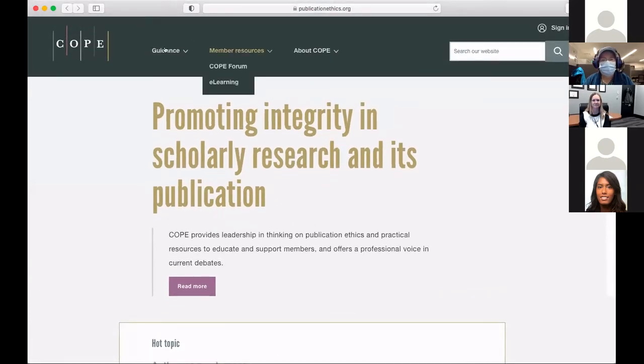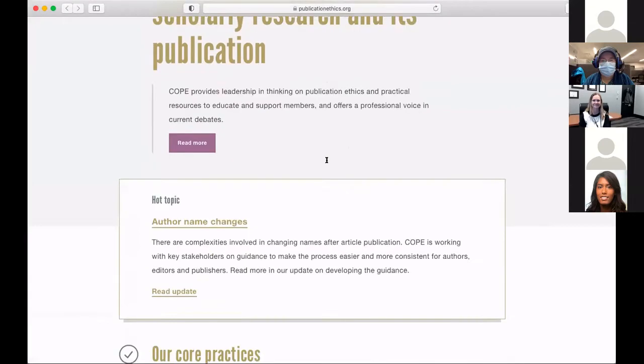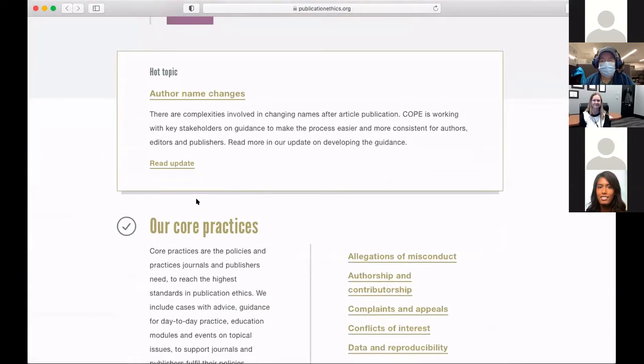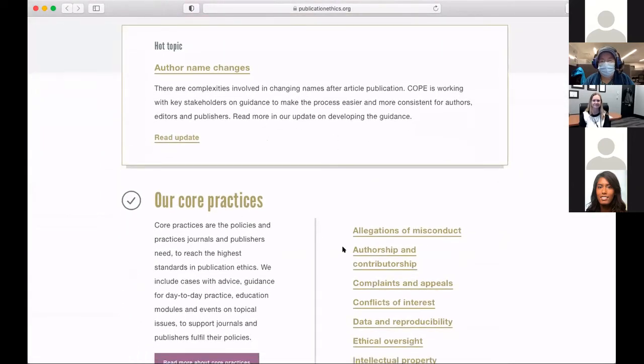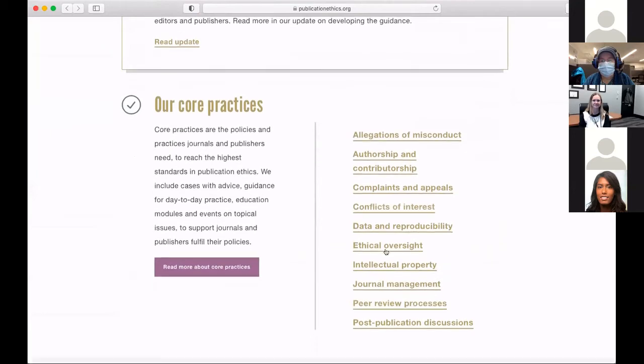We're not necessarily members. Wondering if they do have the ability to get into journals themselves. They have the information about what their core practices are, ethical oversight, peer review processes, talking about what's a good peer review process, what's not, conflicts of interest.